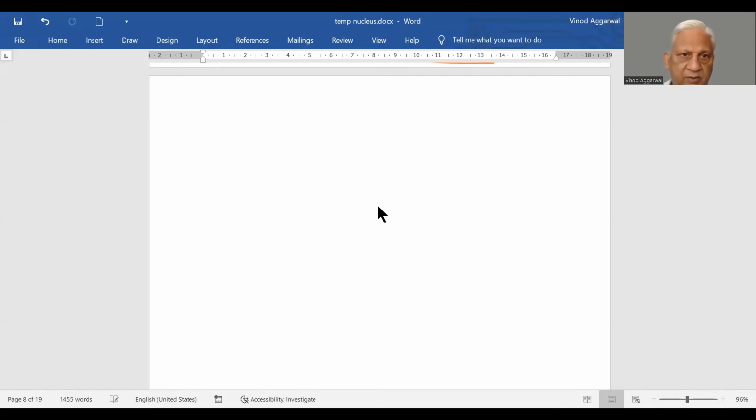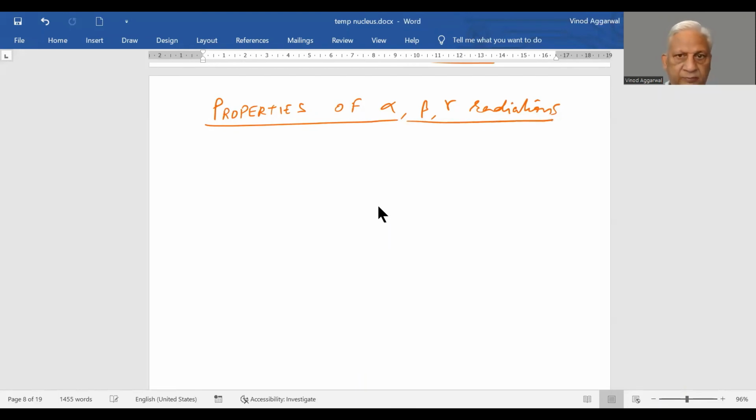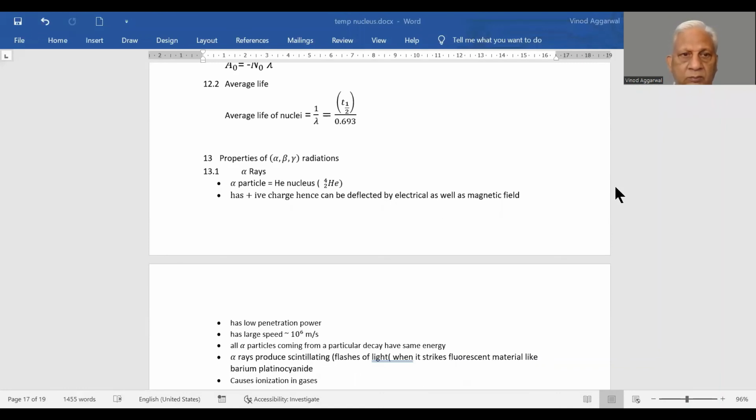Now there are certain properties of alpha, beta, and gamma rays.